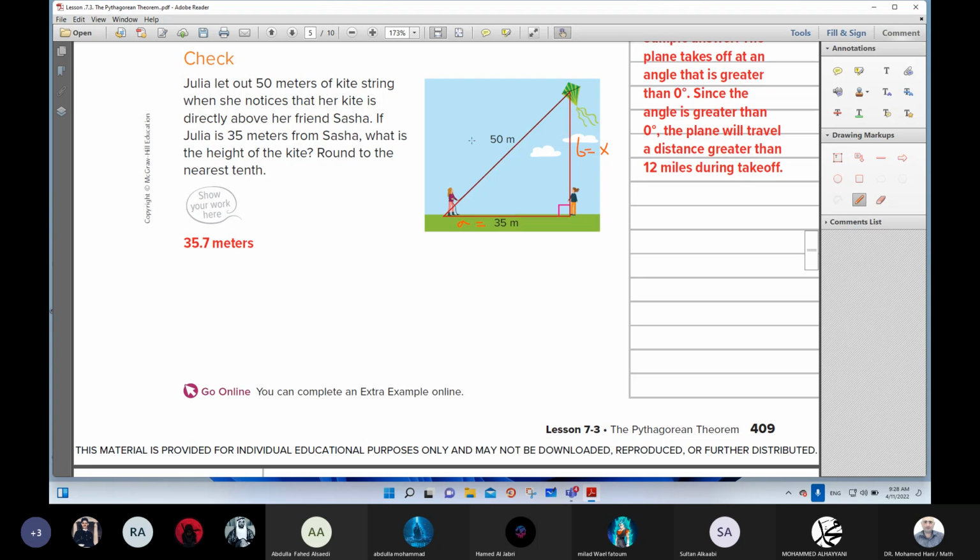And we know the value of the hypotenuse here, C equals 50. So we can use the Pythagorean theorem, A squared plus B squared equals C squared.